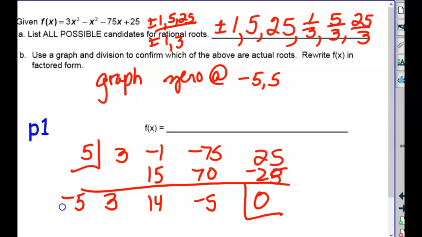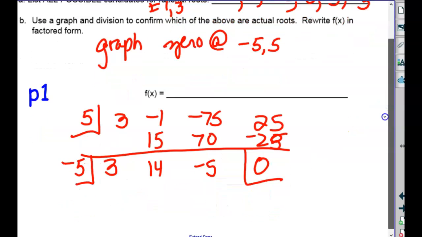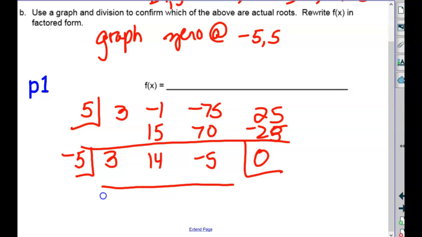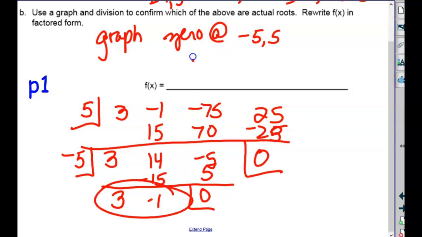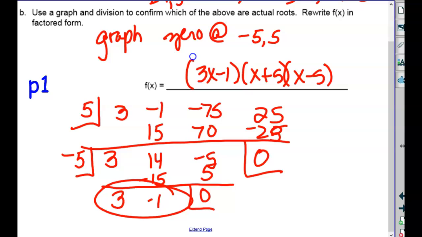Then if I do negative 5 with successive division, multiply, add, multiply, add. So my factors at the end are 3x minus 1, x plus 5, and x minus 5. And my zeros included positive 1/3, which you could check on the graph as well.